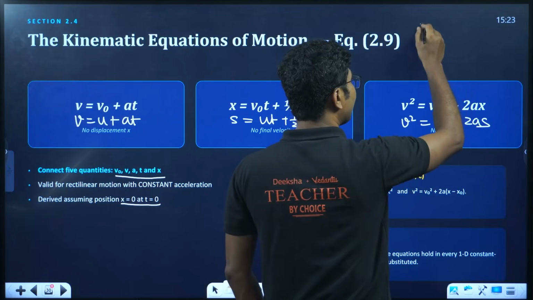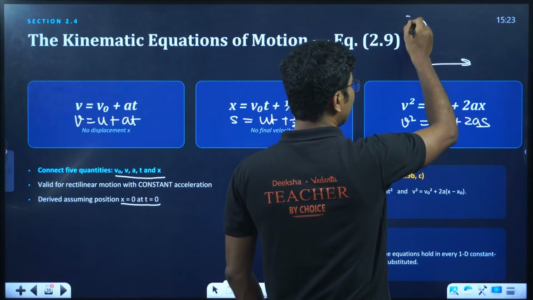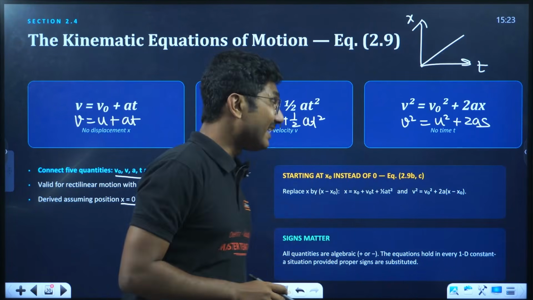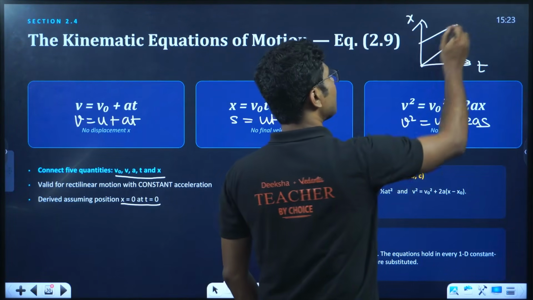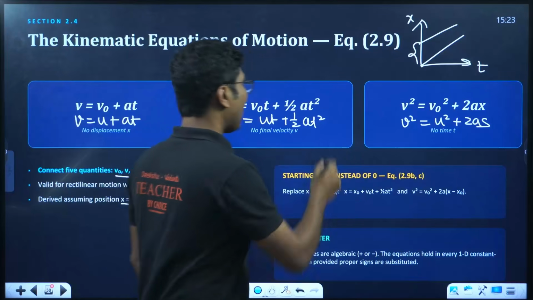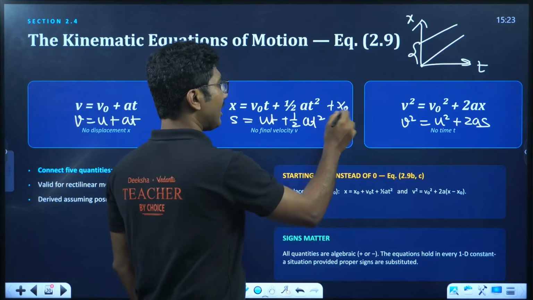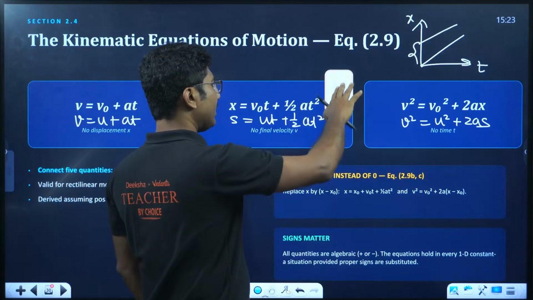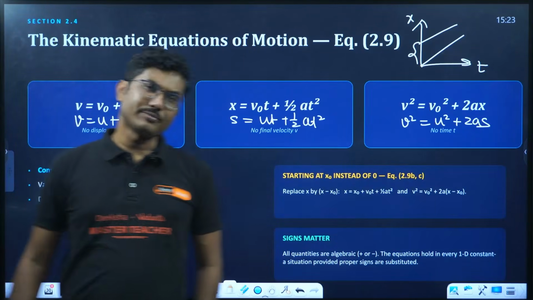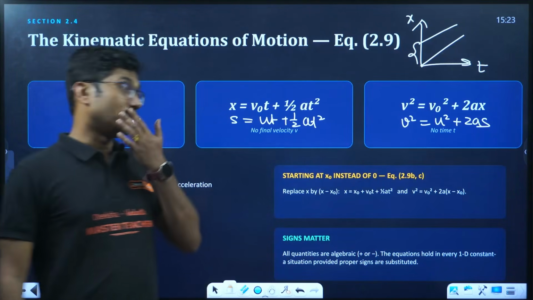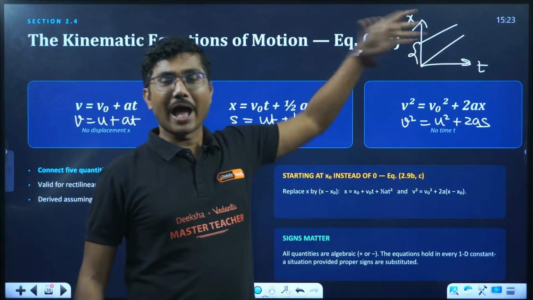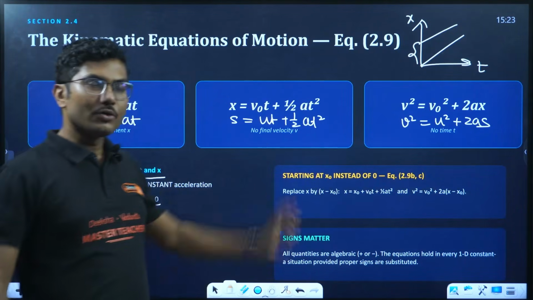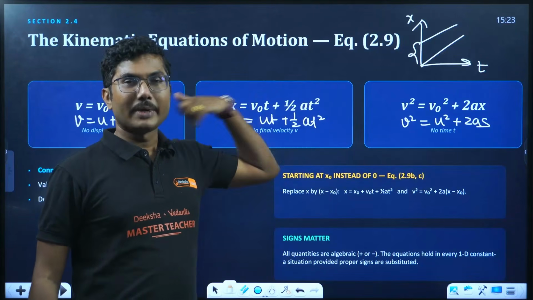If in some cases the position-time graph is different, then you have to add that along with it. That is not going to come in your KCET nor in your class exam, so no need to know that, but it is good to have clarity on this. Rather than memorizing, have clarity. You don't need to memorize it, but you need to have clarity.